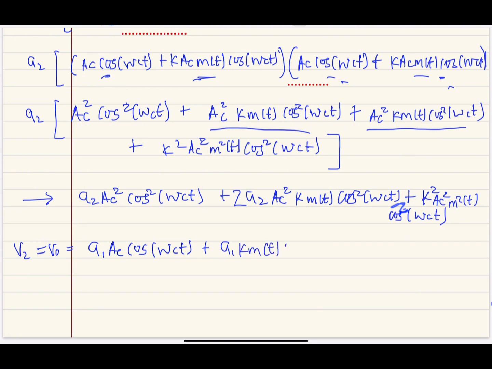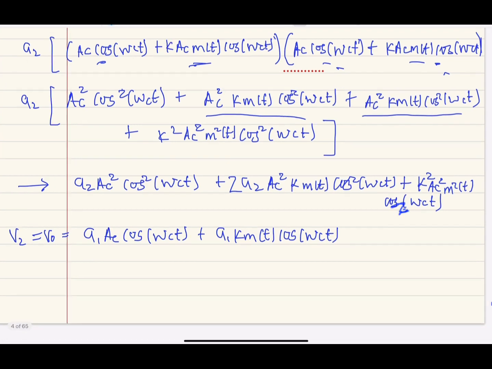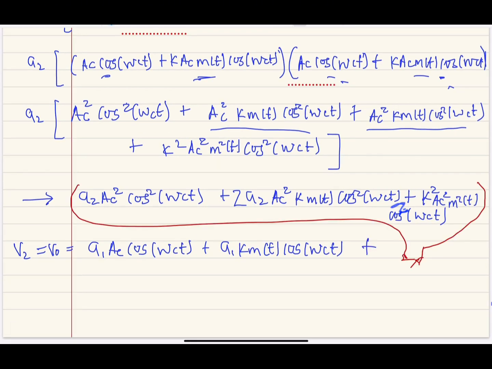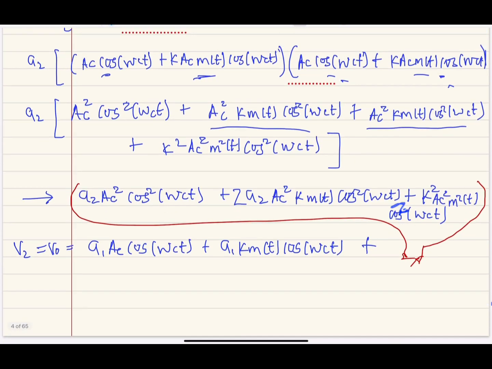Don't forget the cos has to be there. Now plus the whole of this. So this becomes the output of our nonlinear device.